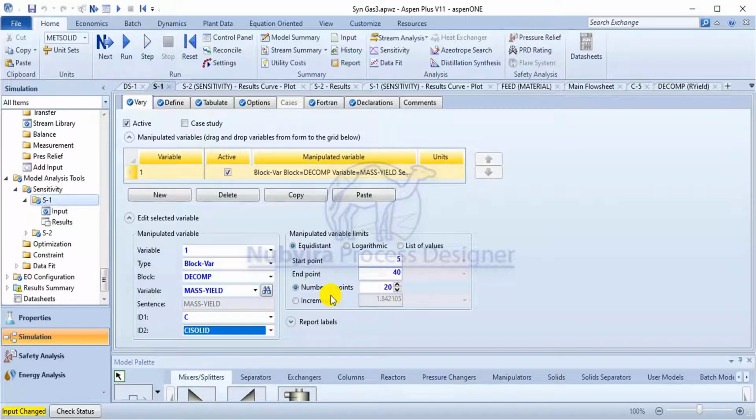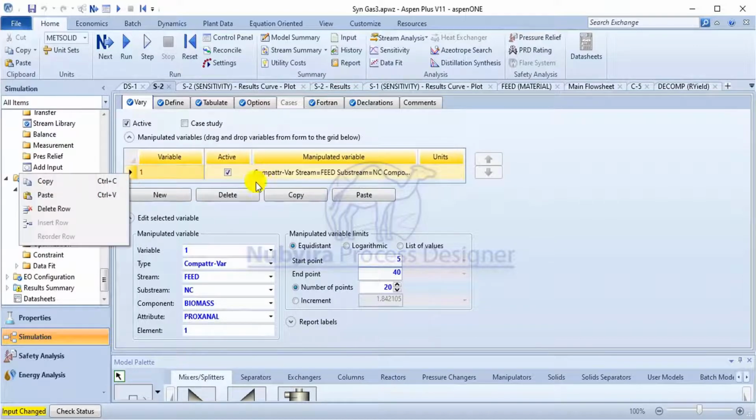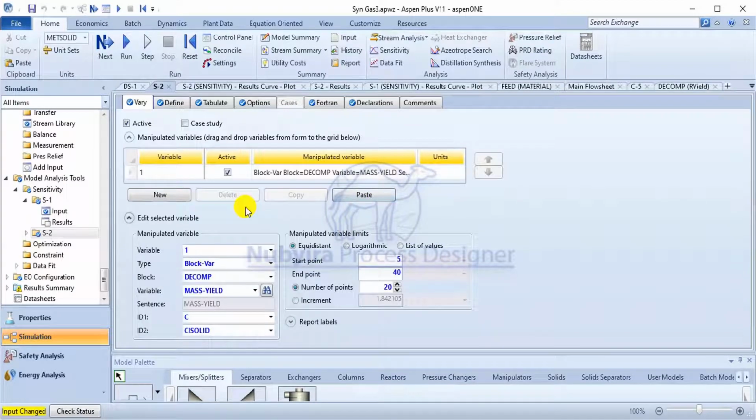Then we have the conventional linear solid which contains the carbon. Then we have the mixed conventional components which also contain carbon that takes part in the equilibrium reaction. So I can copy this again, delete this, and paste the one that I copied. You can see it's basically the same thing.